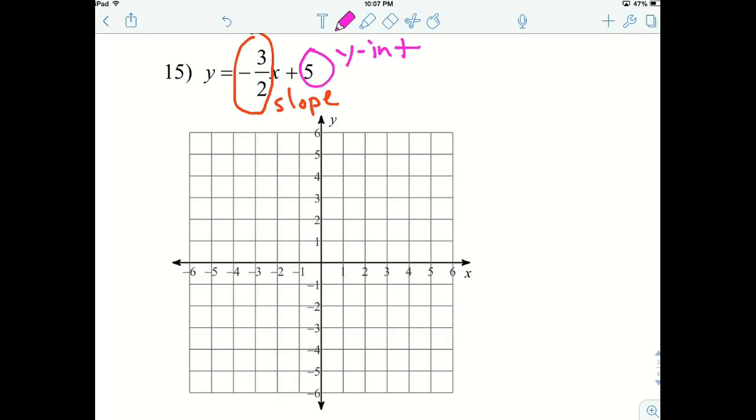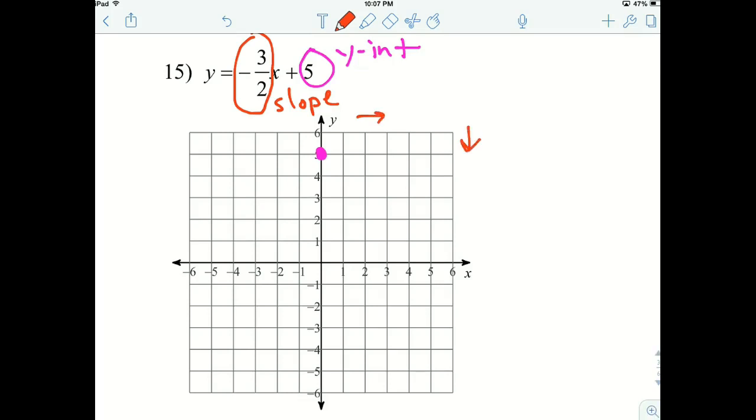So I'm going to actually start with my y-intercept. It tells me how far up and down I should go on the y-axis. So in this case it says y-intercept of 5. I'm going to put a dot right there at 5. My slope tells me how much I need to change from that. I see that it's a negative slope, which means as I go forward, this line is going to go down.